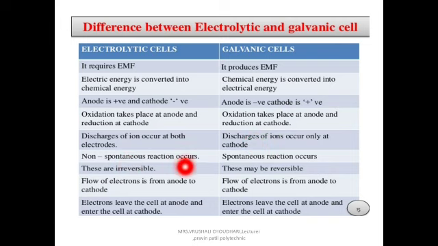Electrolytic cell: no spontaneous reaction, while galvanic cell: spontaneous reaction. Electrolytic cell: reaction is irreversible. Galvanic cell: reaction is reversible. The flow of electrons is from the anode to the cathode.